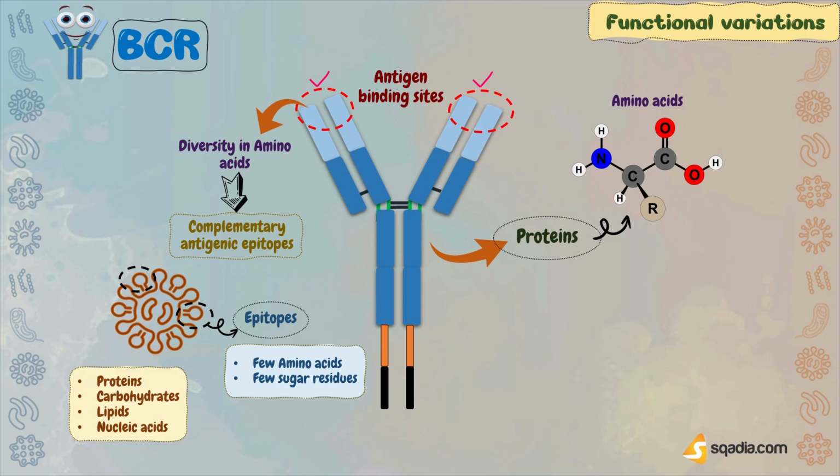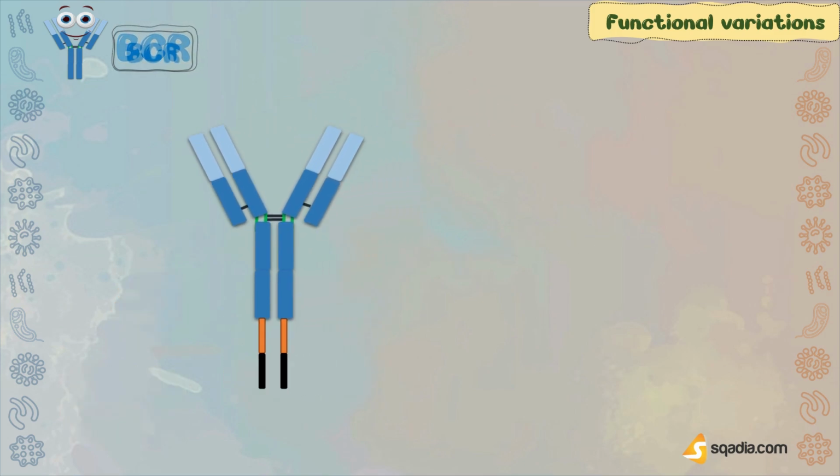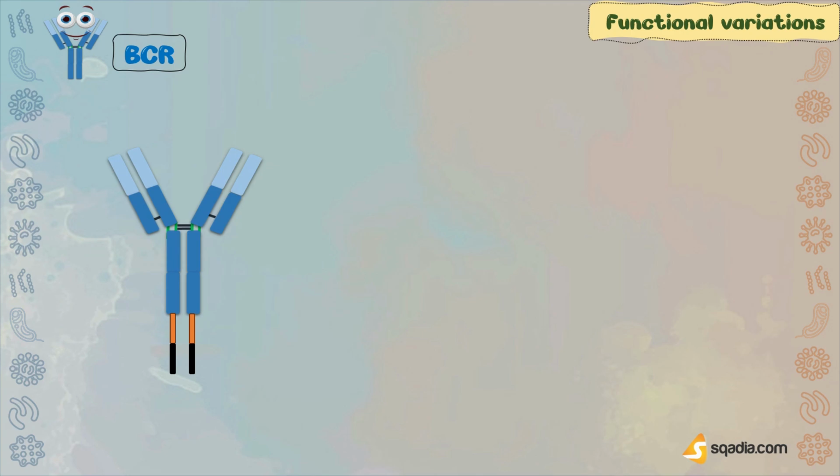And they are typically composed of a few amino acids in the case of protein antigens, or specific sugar residues in the case of carbohydrate antigens. And then the specific molecule, such as B-cell receptors, binds with that specific portion on antigens, and thus easily recognizes them. So, let's look at this recognition mechanism followed by BCRs.